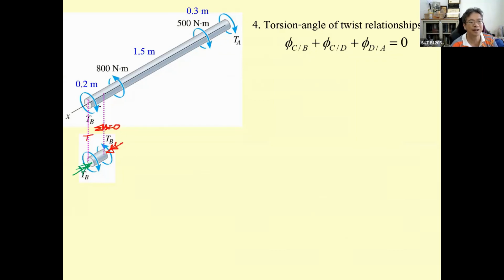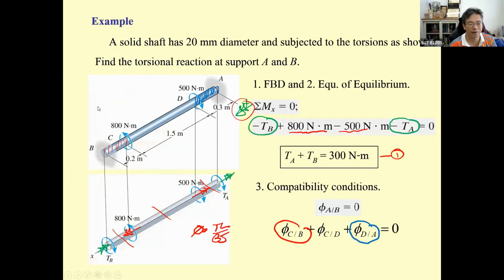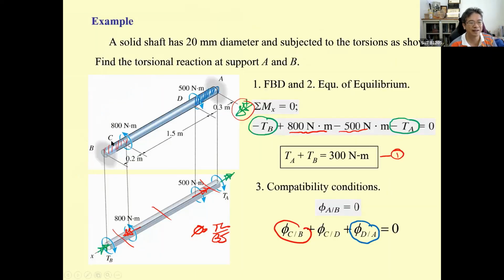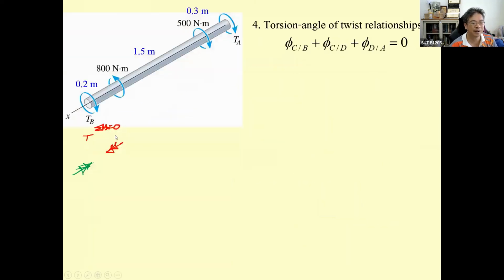T sub this portion, you may call it BC. T sub BC. BC is here. It's going to be T sub B.